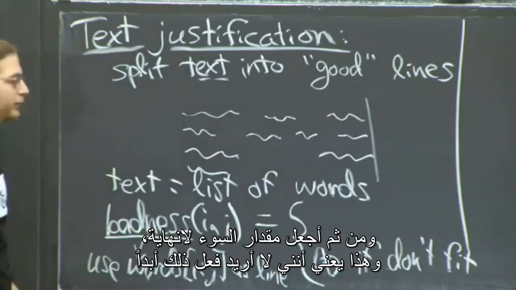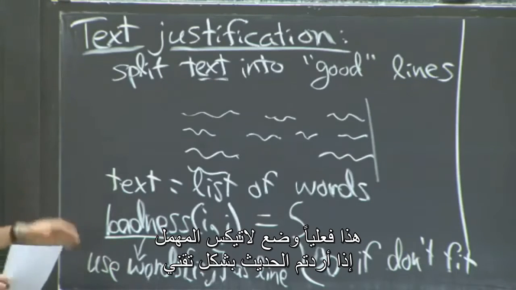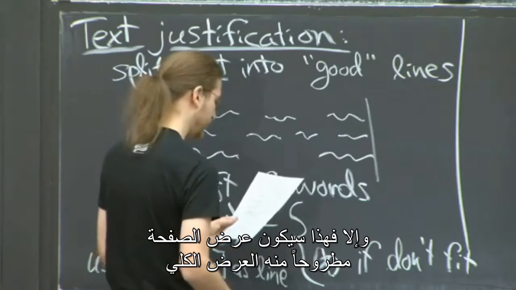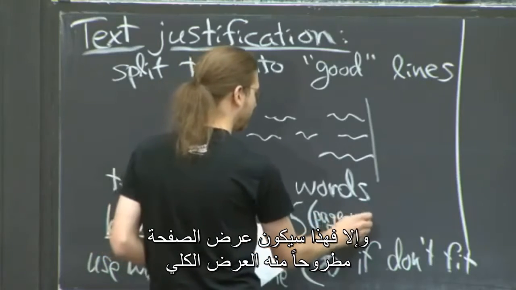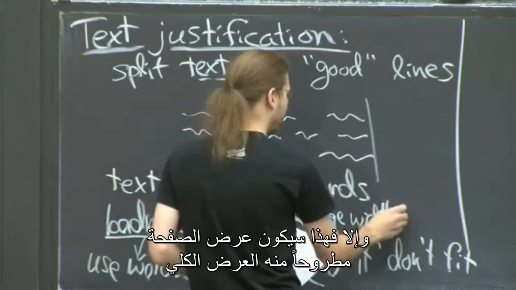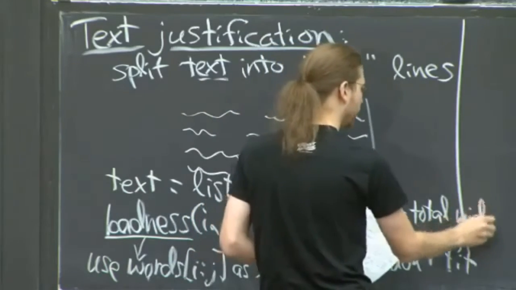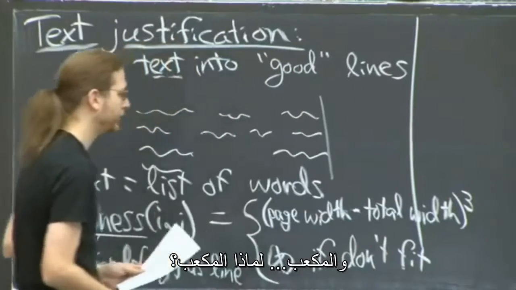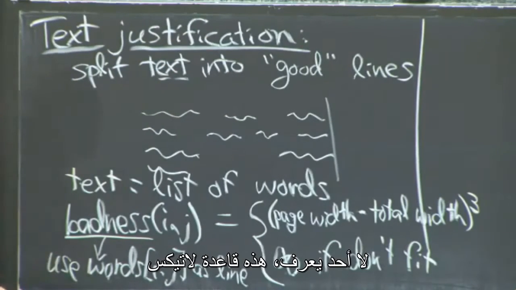I define badness to be infinity, meaning I never want to do that. This is actually LaTeX sloppy mode, if you want to be technical. Otherwise, it's going to be page width minus total width, cubed. Why cubed? Who knows? This is the LaTeX rule.